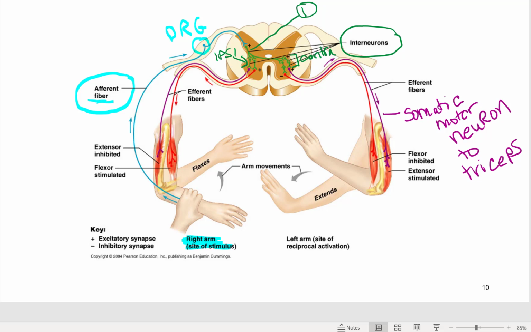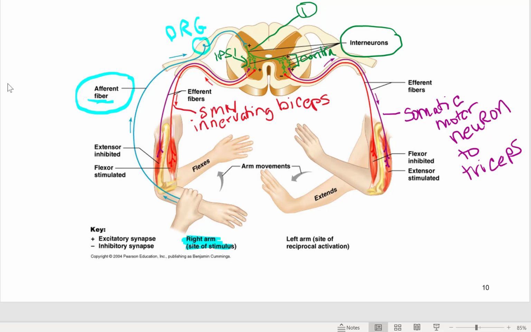In red, we're seeing the somatic motor neuron that innervates the biceps. Somatic motor, I'm just going to put SMN for somatic motor neuron, innervating the biceps.